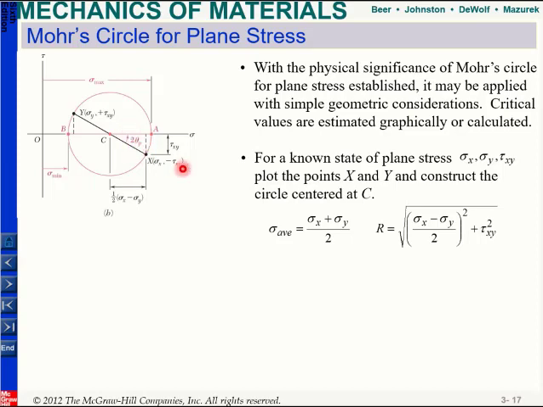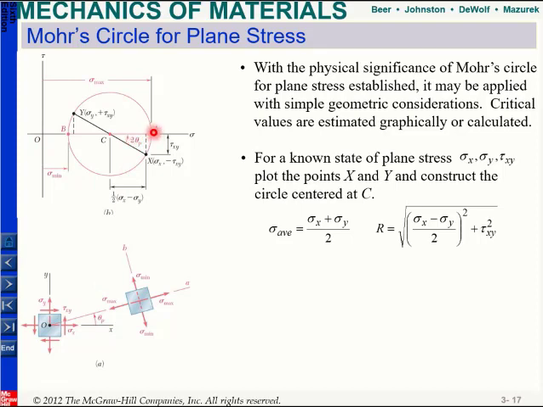In real life, if you want to find your principal stresses, you rotate by theta p. So this is the difference: in the actual configuration you rotate by theta p, and in this graph you rotate by 2 theta p.